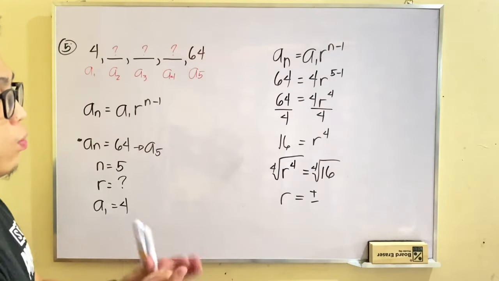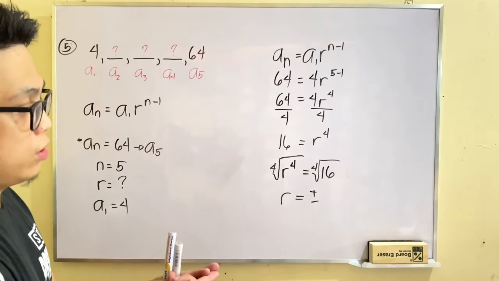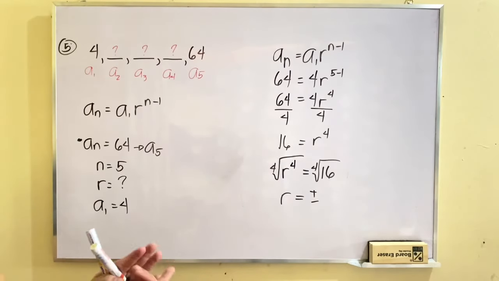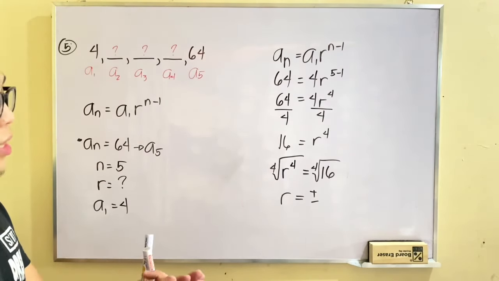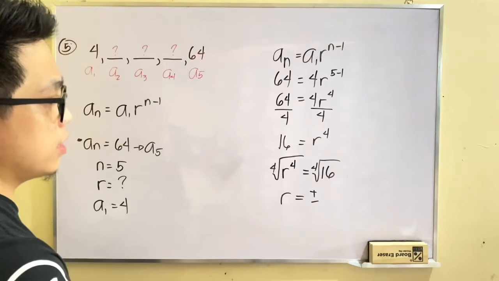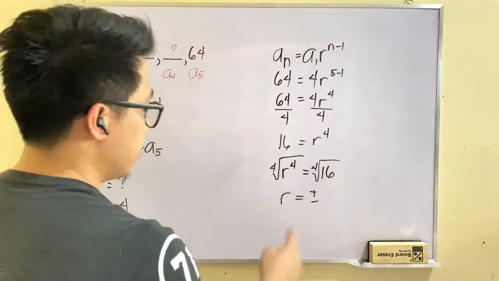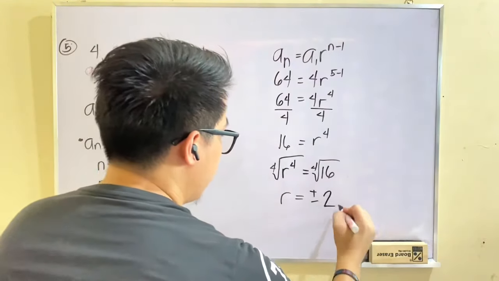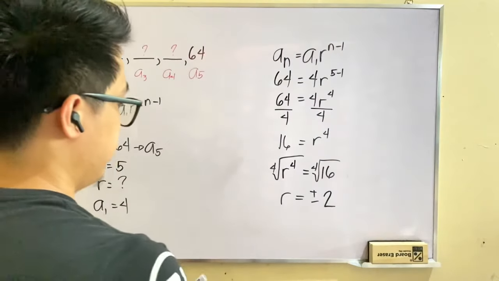Si 1 ba? 1 times 1 is 1, times 1 is 1, times 1 is 1. So, hindi. Si 2 ba? 2 times 2 is 4, times 2, 8, times 2, 16. So, minultiply ko ng 4 na beses sa sarili niya si 2, ang naging sagot, 16. Therefore, our common ratio is positive or negative 2.